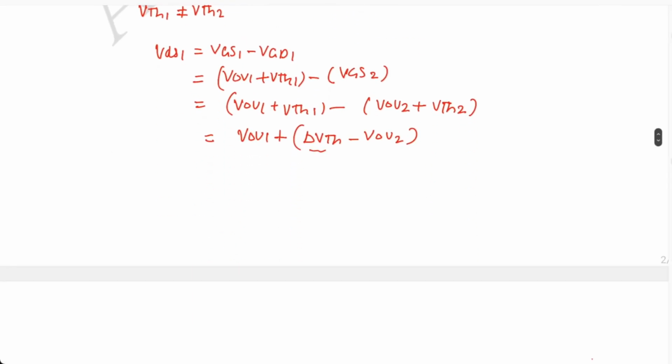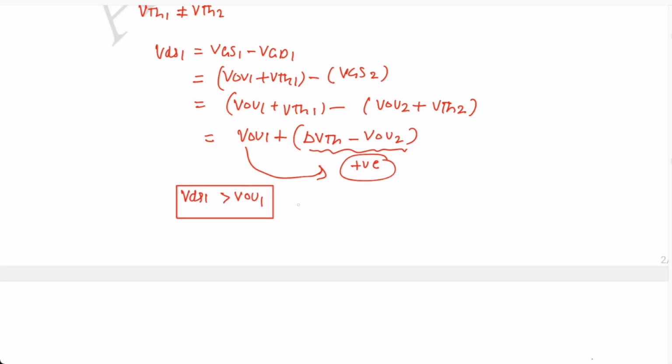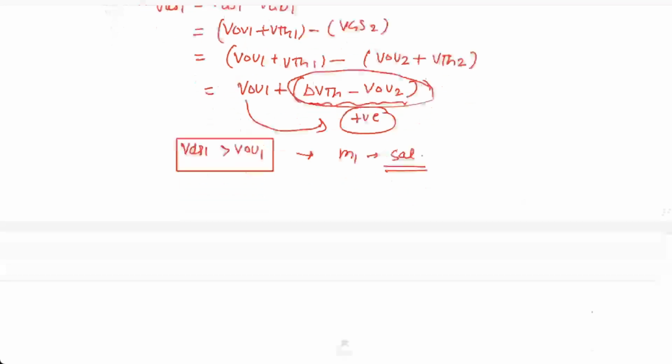If this value is positive, then something positive is added to Vov1, so VDS1 will be greater than Vov1 and M1 can be in saturation region. Otherwise, if they have equal VTH, then M1 will always be in linear region.